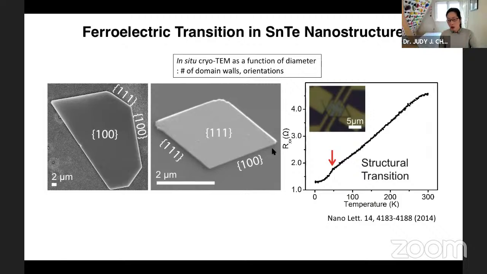The lower temperature, symmetry-lowering structure is also associated with ferroelectric domains or ferroelectricity. So the key question is, how do the ferroelectric domains or the structures depend on the nanoscale dimension?